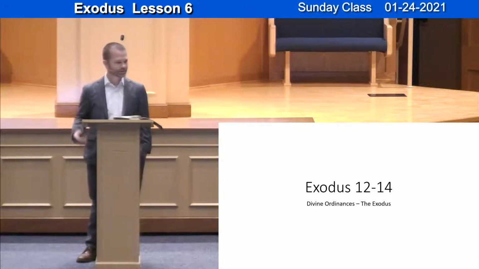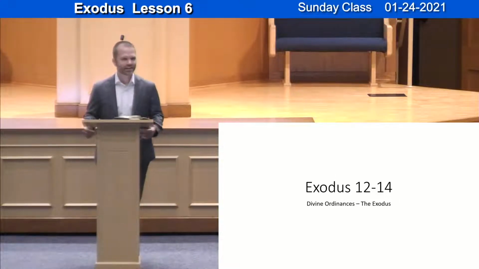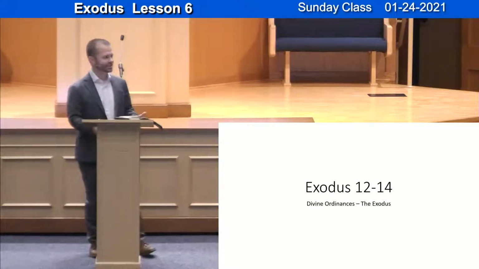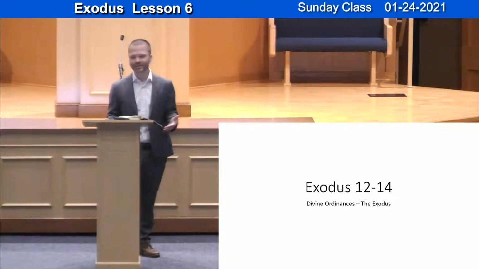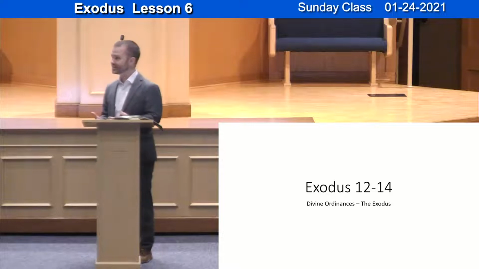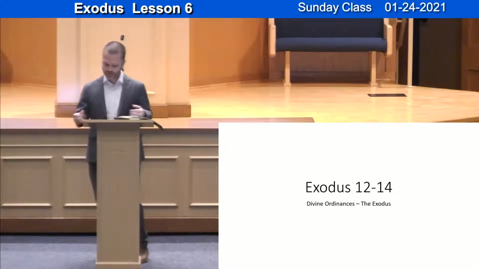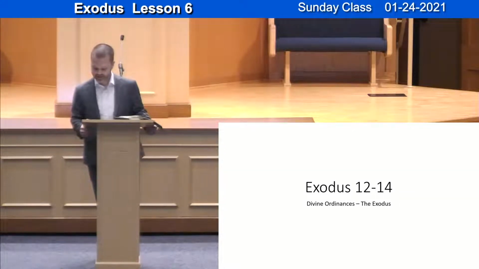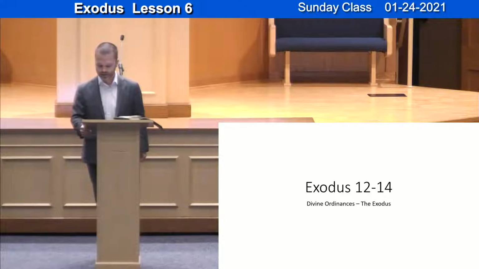And from a dramatic perspective, this is seemingly poorly situated, as we're being told the history here, and then everything stops, and we're given commands and some very specific details about some things that need to be carried out. And so, in that sense, the suspense is now at its peak, and then we pause for some instructions here. So God is about to bring the final and most devastating plague upon Egypt.